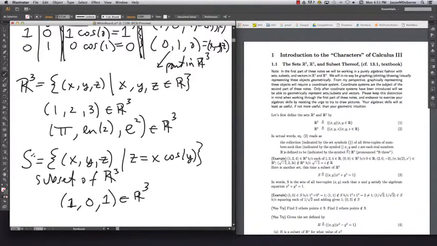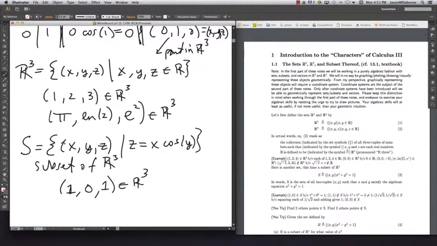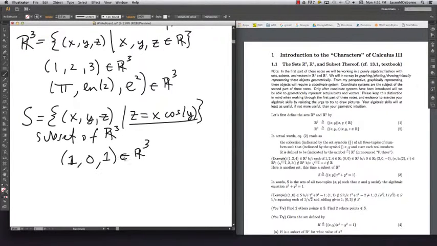So this set S, if you look at all possible points that satisfy this equation, this is one point in that set. So all the points in S you can think of graphically.